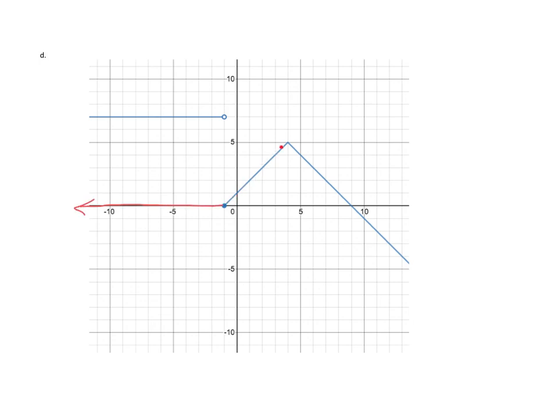Here, the slope of this line is over 1 up 1, so it's going to be 1. And then here, this line is decreasing with slope -1, so that's the derivative. It's -1.